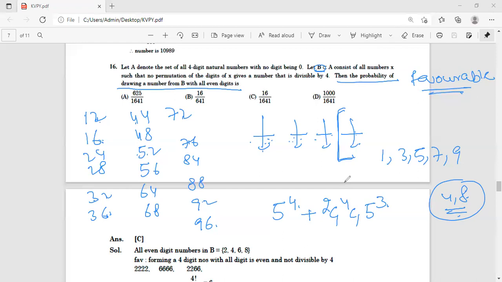All right. So our case is one of the digits is even, rest 3 are odd. So select the digit which is even, that is 4C1. Select which digit will come out of 4 and 8, that is 2C1. Put it there, and rest of the places fill with the odd number, 5 cube.